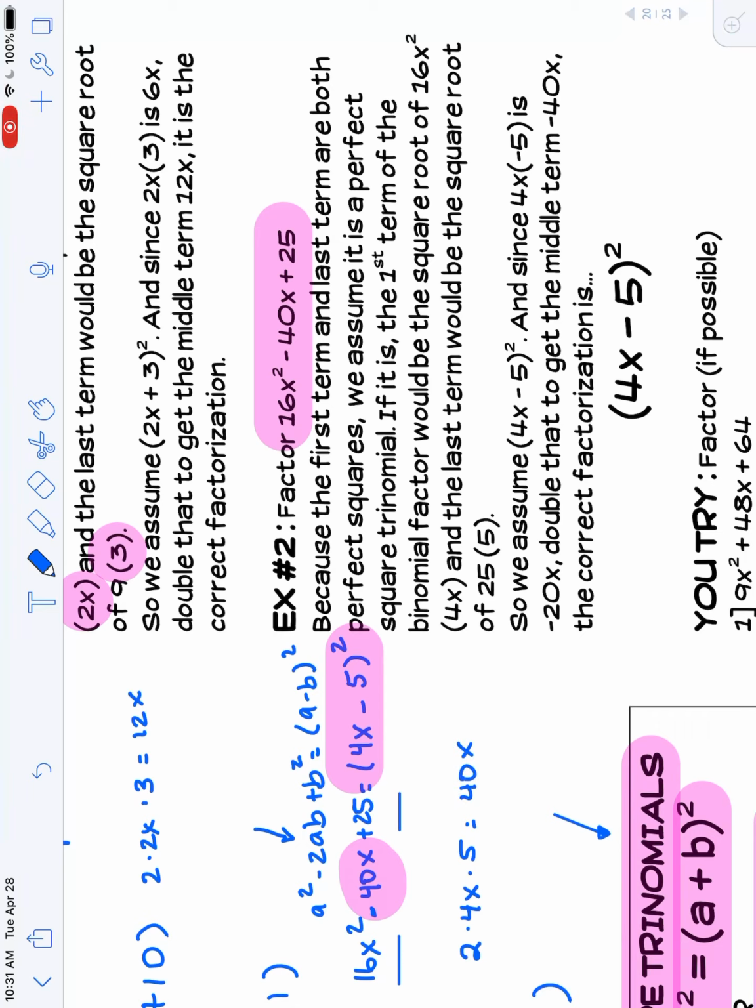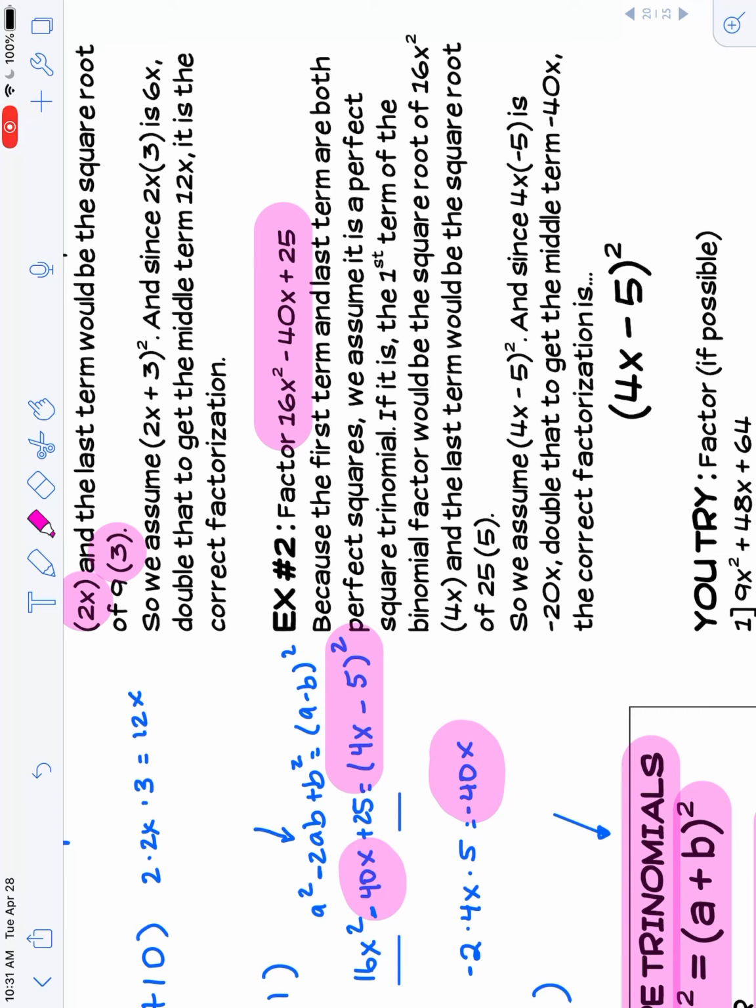The negative can come from the negative 2, which would make this negative 40x. So this does match up. This is true. 4x minus 5 squared is our factored form.